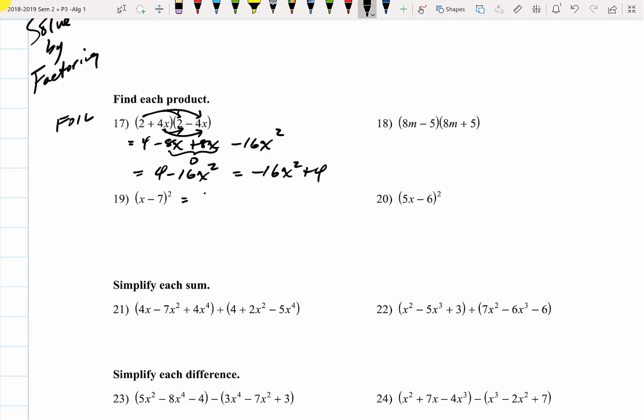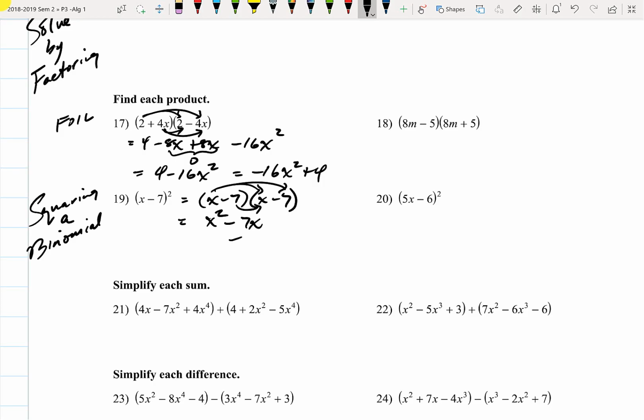Now these right here, you have to take x minus 7 times x minus 7 when you square a binomial, which is on the test. So you go back to basics, you multiply by itself. So x times x is x squared, minus 7x, minus 7x again.